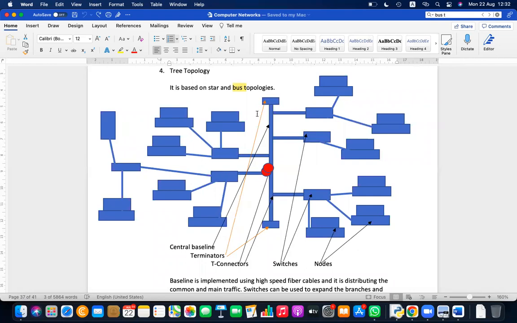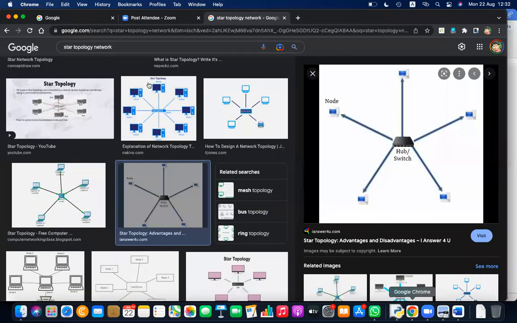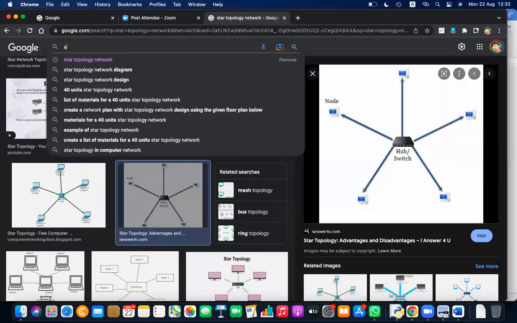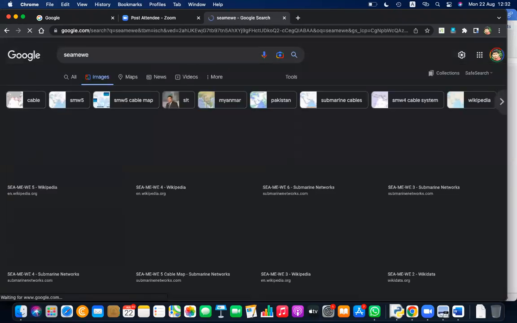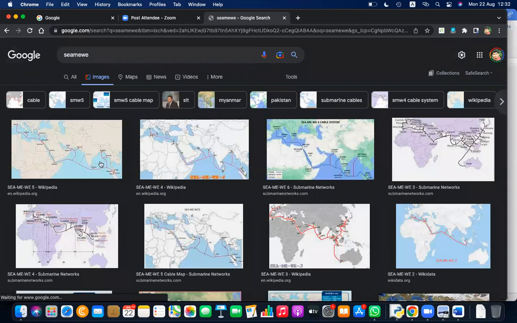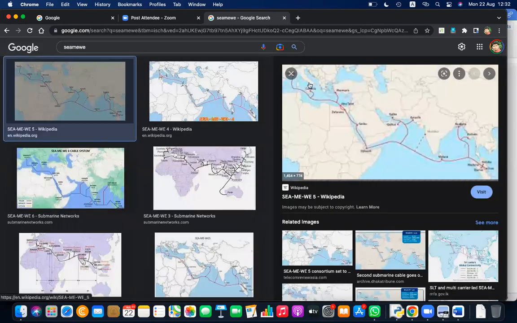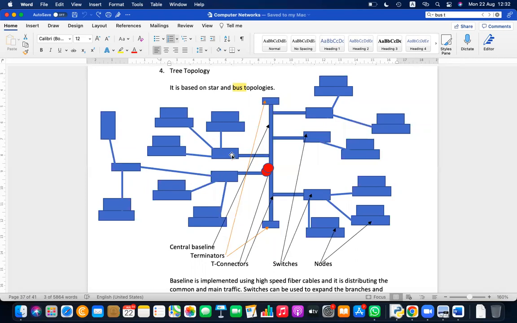This is how the internet is delivered. There is something called SEA-ME-WE: Southeast Asia, Middle East, Western Europe. That cable is connecting continents and subcontinents. You can see this is like a bus topology, and to this our ISPs are connected, and how ISPs, internet service providers, are connected is like star topology.